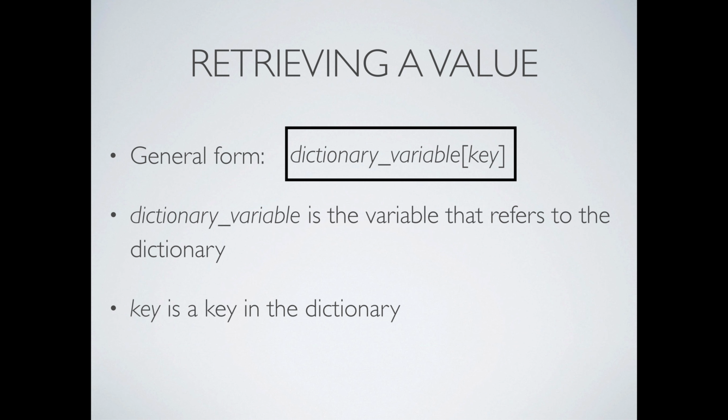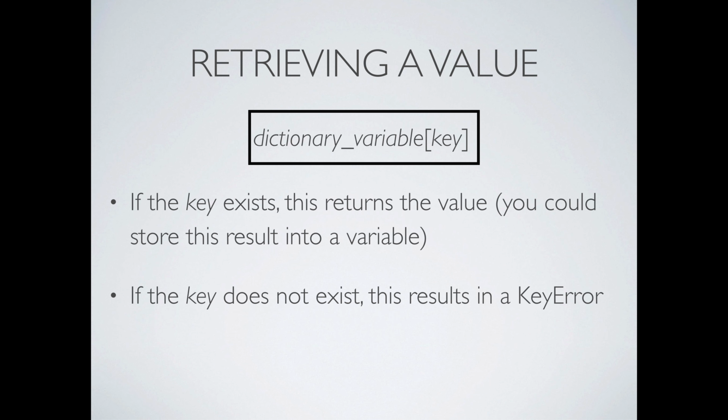And then you use square brackets. It's a lot like the indexing operator with lists, except the thing that you put in the square brackets is not necessarily a number. It's going to be whatever the key is. So you use the key to look up the value, and the key is going to be one of the keys that's in the dictionary. If the key exists, this line of code will return the value.